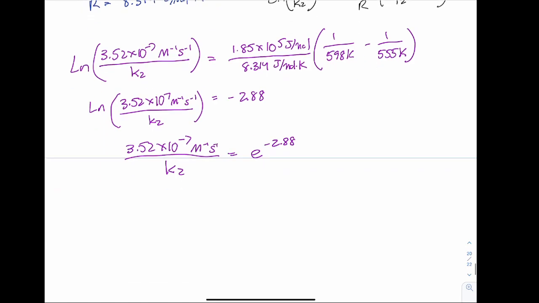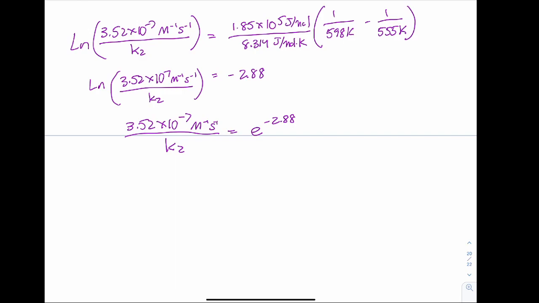So our anti-natural log. So let me do that. And when I do that, I get 0.0596. We'll just carry out an extra digit for now. I'll round when I'm done, but I do only want 3 significant digits.